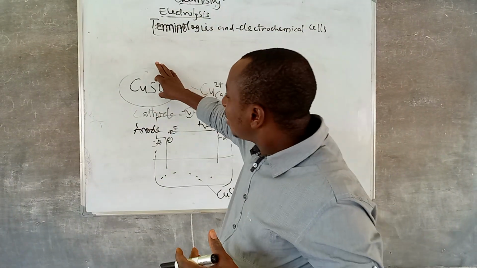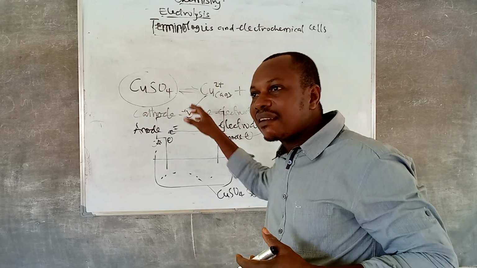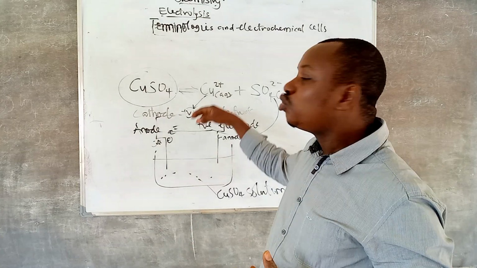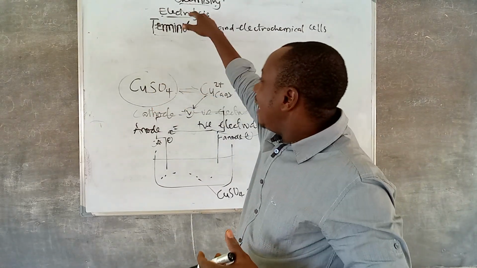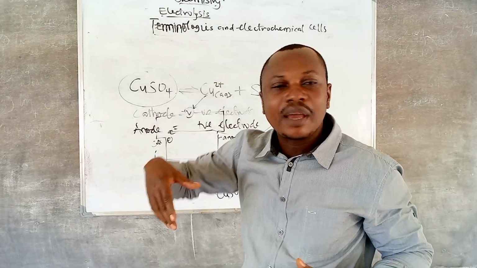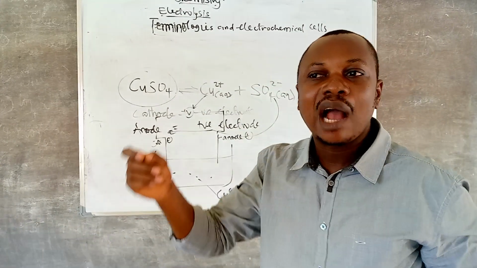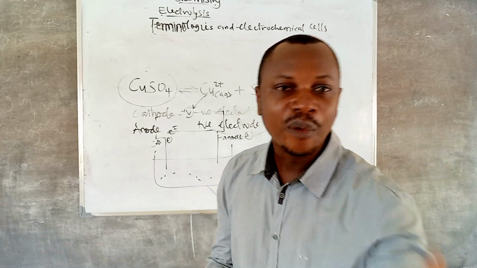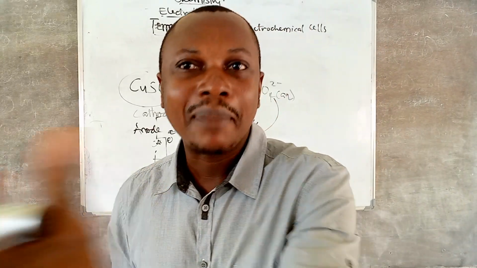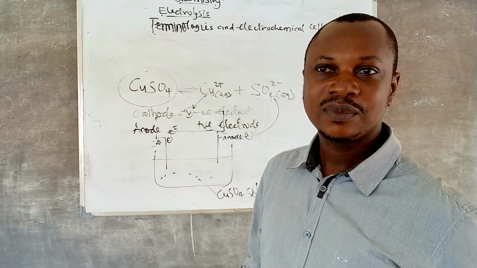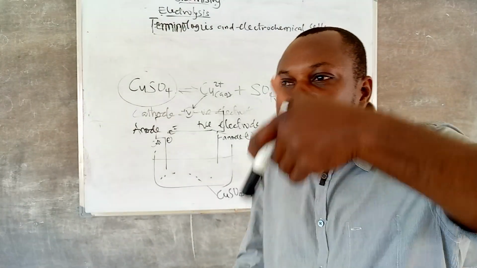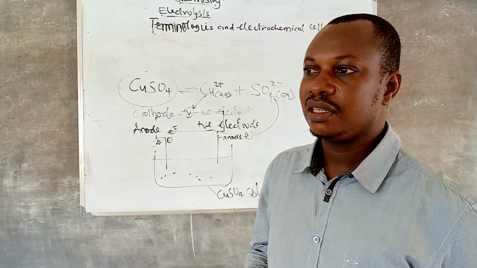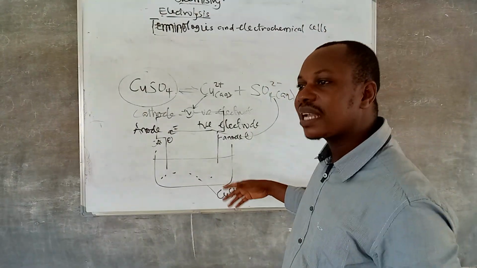In electrolysis, we use electricity to decompose a compound. But in an electrochemical cell, we use the chemical components of cells to generate electricity. From what I have just said, your torchlight battery is an electrochemical cell because we use the chemical composition of that battery to generate electricity.